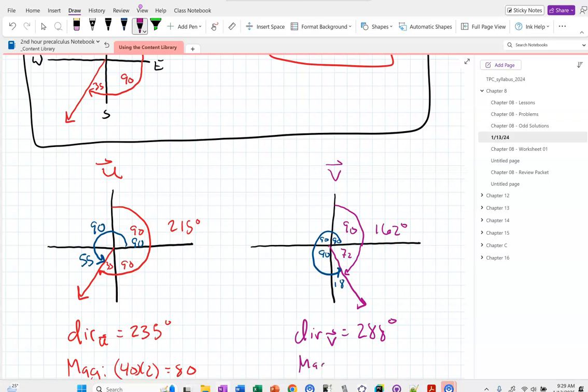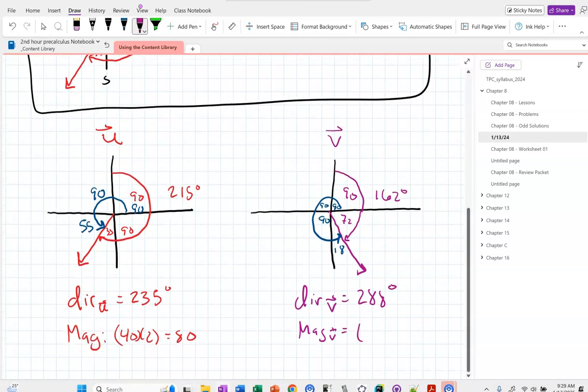And my magnitude for V, we said we went 55 knots for 3 hours. So that's 165.